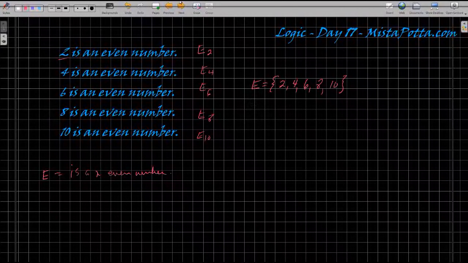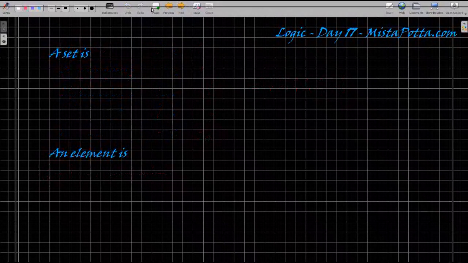So, I want to talk about some basic definitions. A set is a collection of objects that satisfy a given rule.